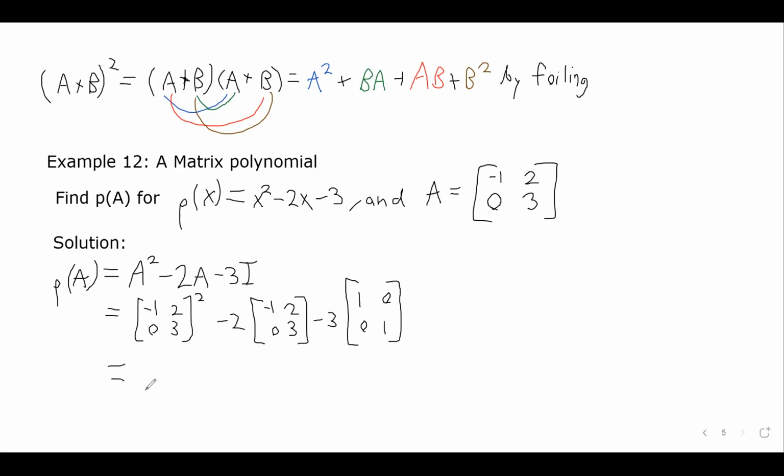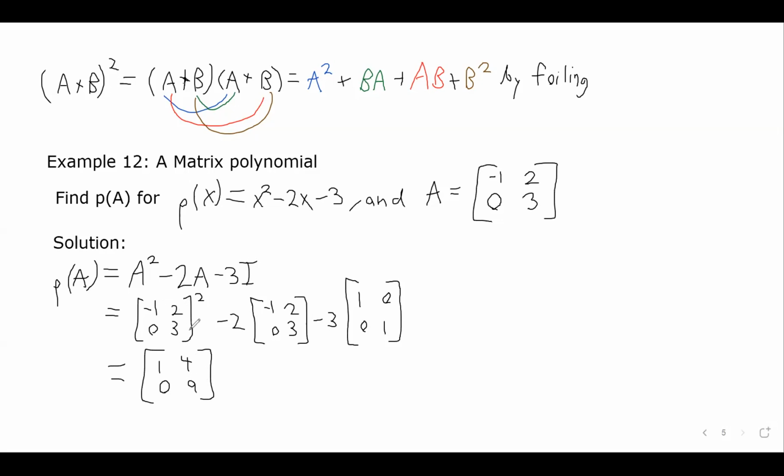Right, and then if you square that matrix, you multiply it by itself, and you get a 1 here, a 4 here, a 0 here, and a 9 here.